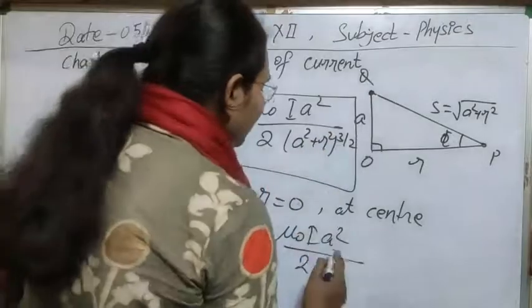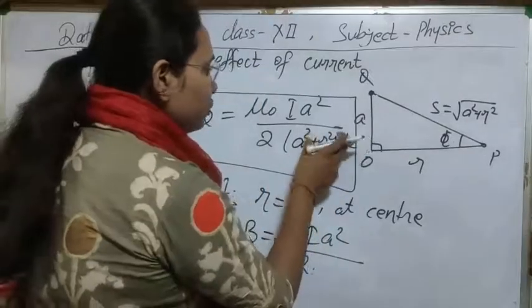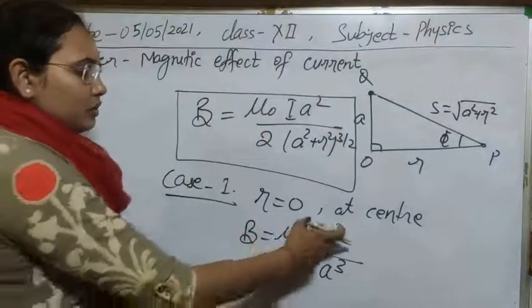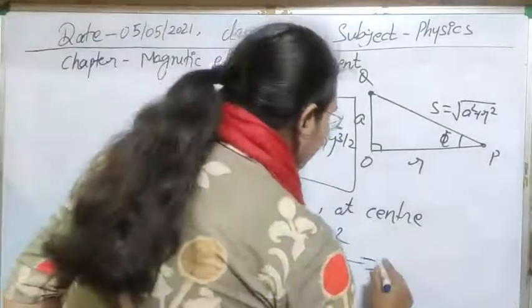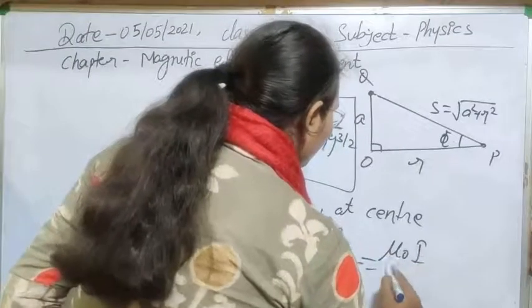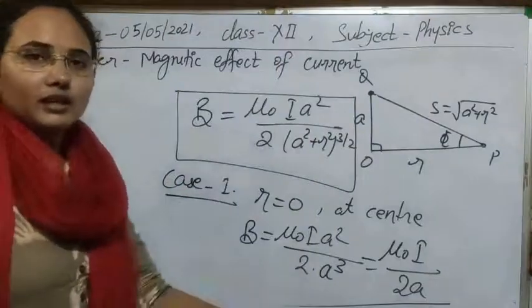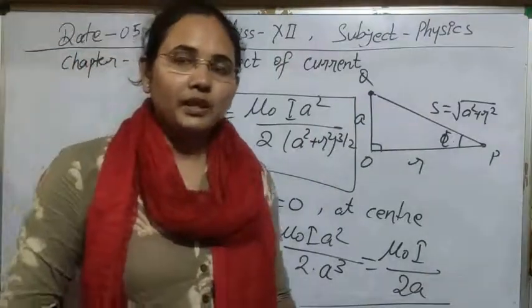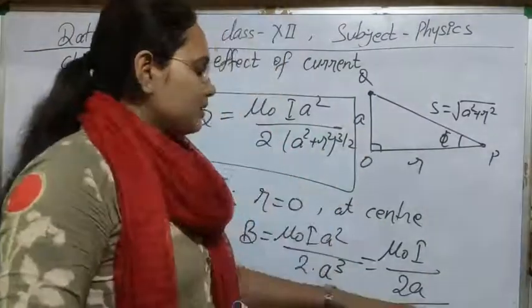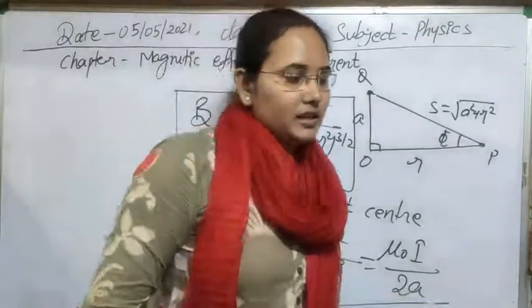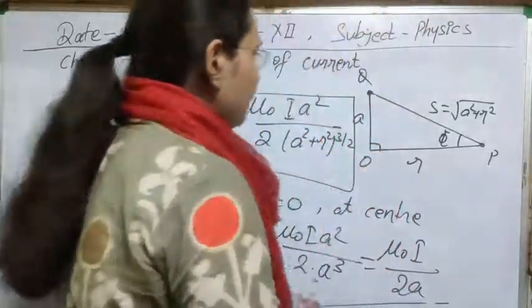A square power 3 by 2 means A cube, so A square cancels out, and we get mu 0 I upon 2A. This is the same expression we derived before for the center. So this is the first case.